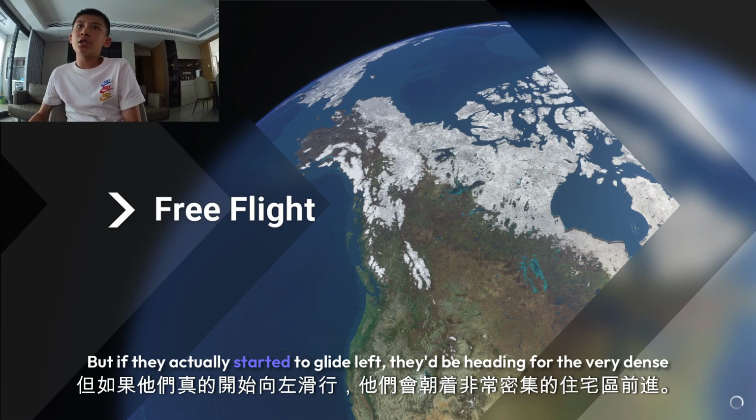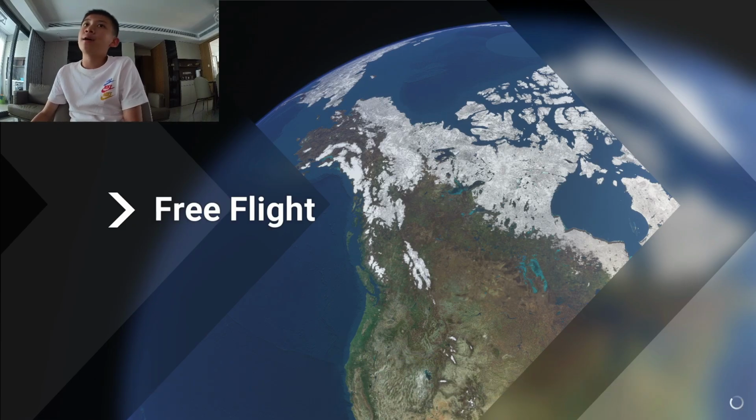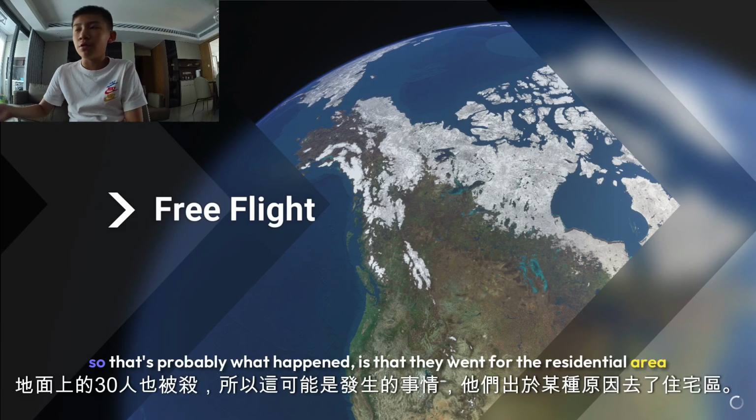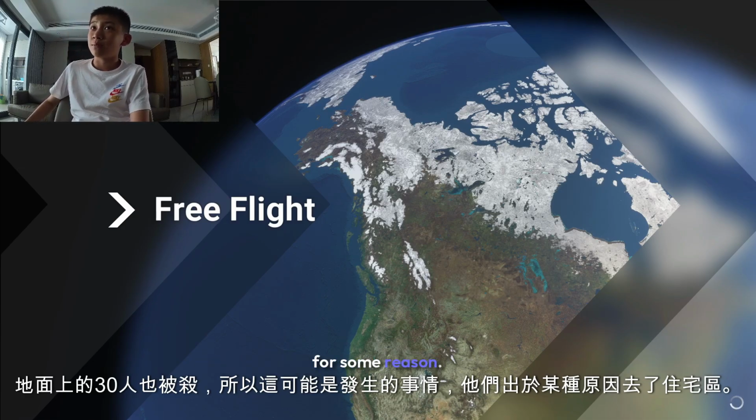But if they actually started to glide left, they'd be heading for the very dense residential area. And, well, 30 people on the ground were also killed, so that's probably what happened, is that they went for the residential area for some reason.